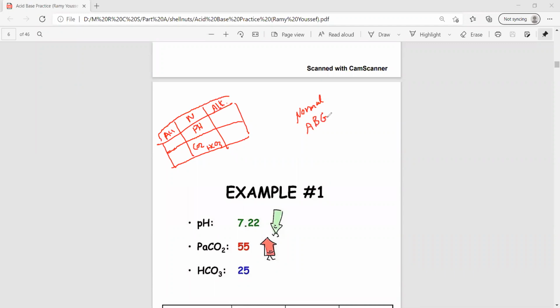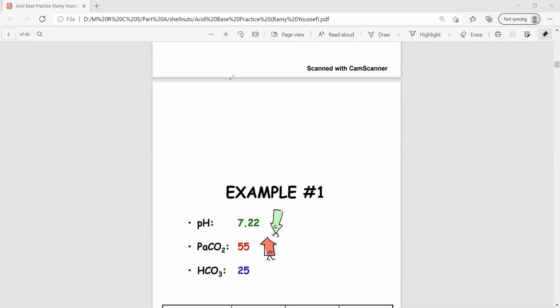This is a normal ABG, arterial blood gas. All are normal. CO2 normal, HCO3 normal, pH is normal. So this is a normal ABG. Clear or confused?